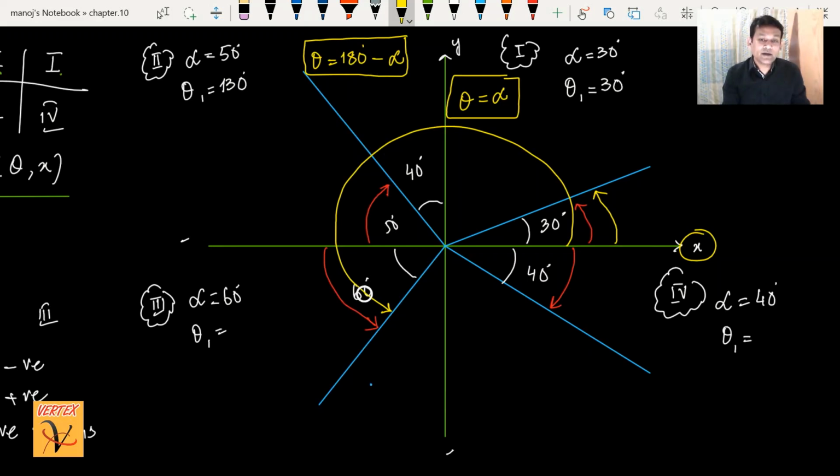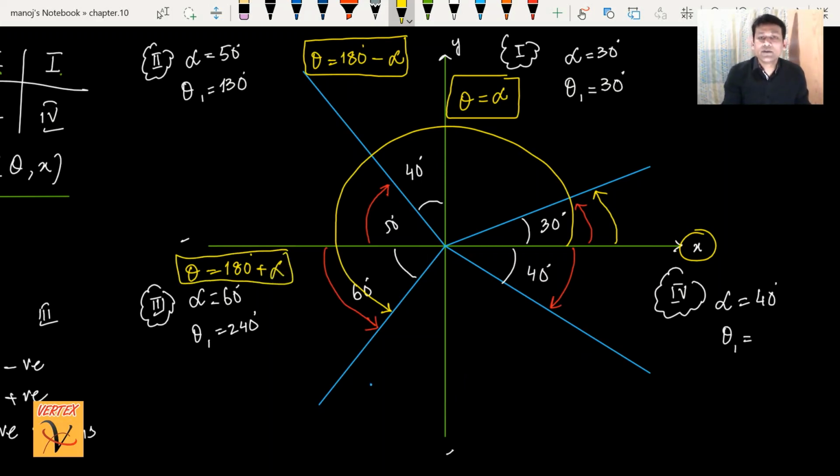First of all, I'm writing the answer. The answer is 180 plus 60 is 240. So what's the rule we have to write? The formula we can write here: theta is always equal to 180 degrees plus alpha, and that's the rule. We can make a formula.